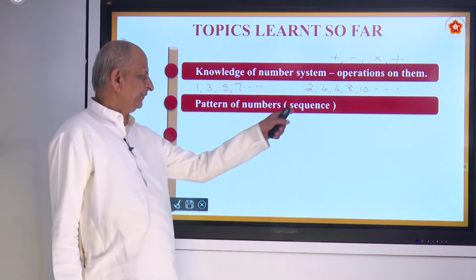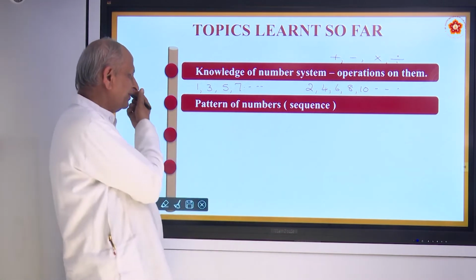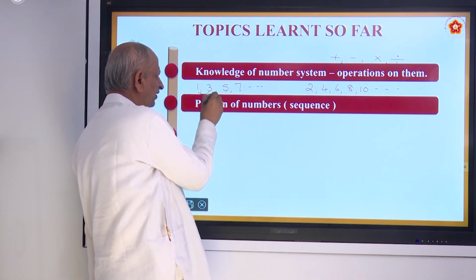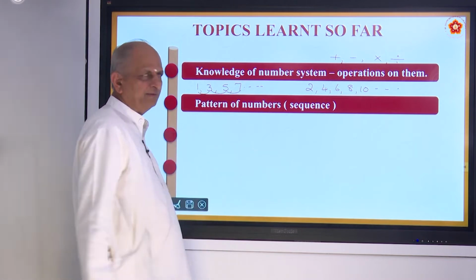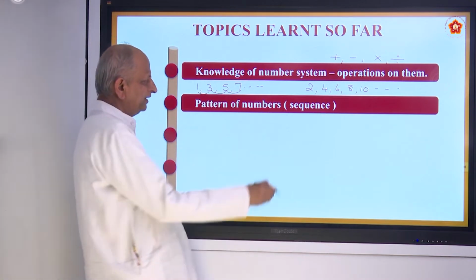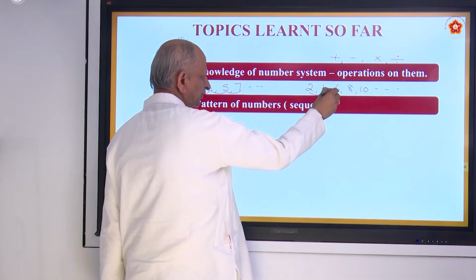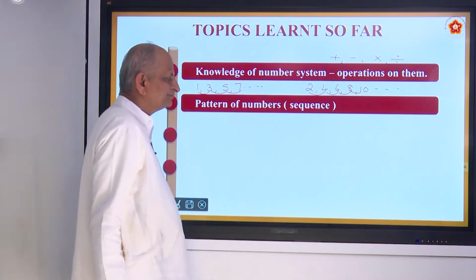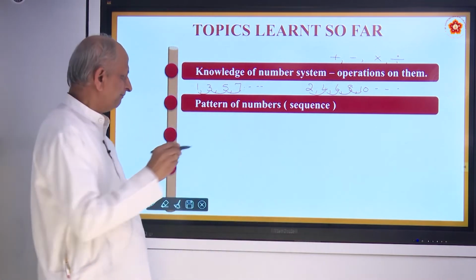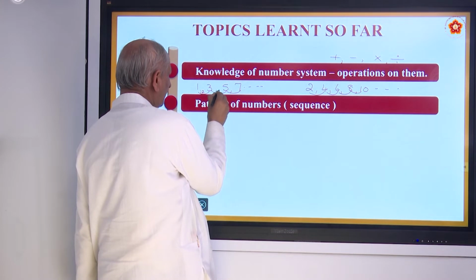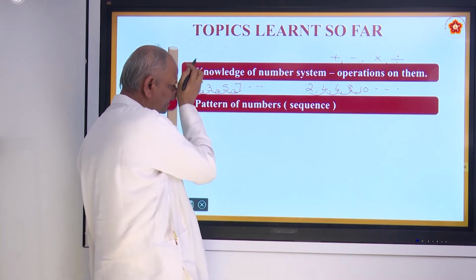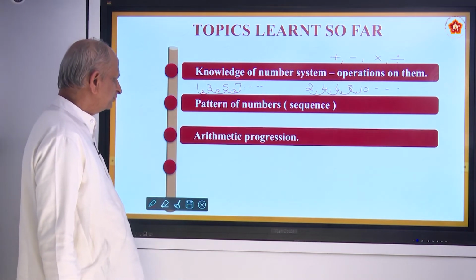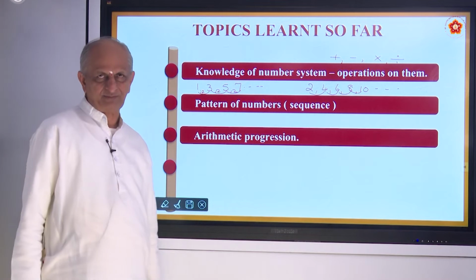So why it is called sequence? Because the difference between the two will be same. So 3 minus 1, 5 minus 3 is equal to 7 minus 5. Similarly here 4 minus 2 is equal to 6 minus 4 is equal to 8 minus 6 is equal to 10 minus 8. So the difference is same. That is why we call it as sequence, is it not? And also we have seen about arithmetic progression.